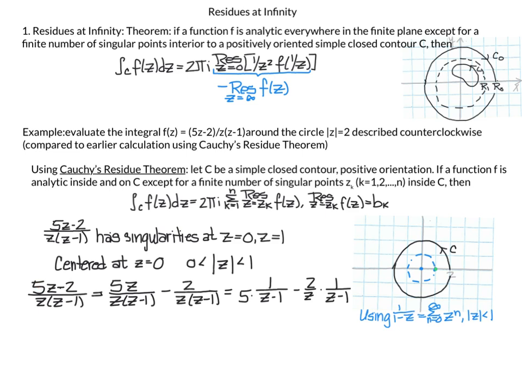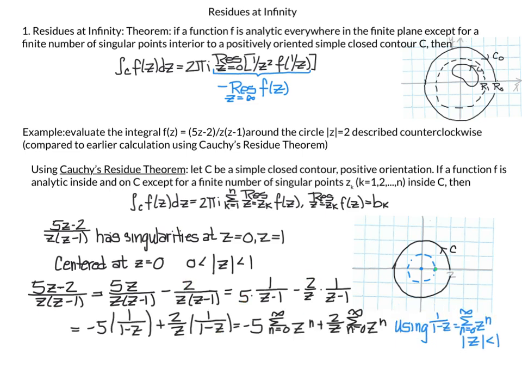So I first separate out my two fractions, 5z over my denominator minus 2 over my denominator. I factor out my 5, and in this fraction I factor out my 2 over z. My 2 over z is not a problem since I'm centering at z equals 0, so I want my terms to look like z minus 0, or in other words, look like z. So this is good.